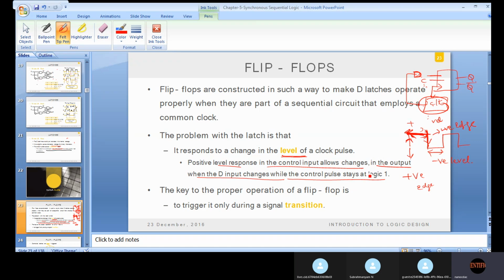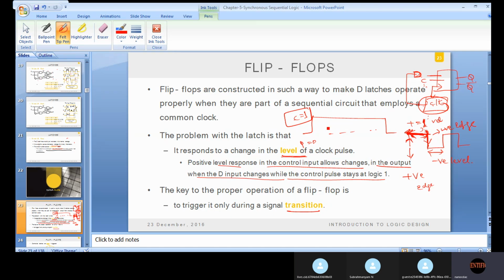Okay, so as long as the level is equal to 1, if you keep the control signal constantly at 1, what happens is Q will be equal to D all the time. But that is not allowed. The key to the proper operation of the flip flop is to trigger it only during the signal transition.